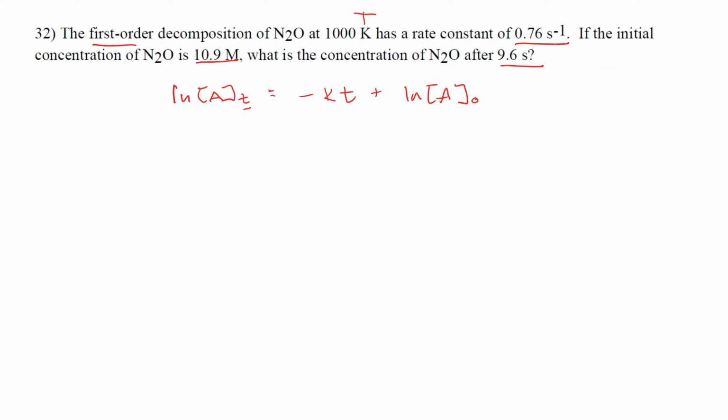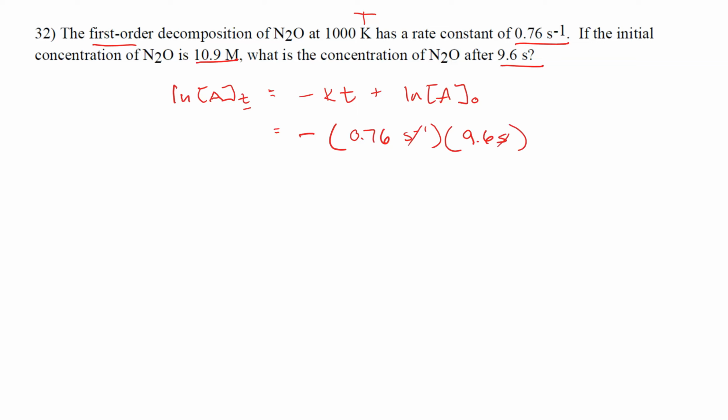So we're going to keep our negative out in front because negative is just -1. k, 0.76 per second. Time, 9.6 seconds.